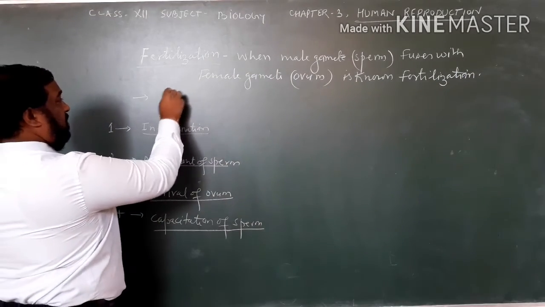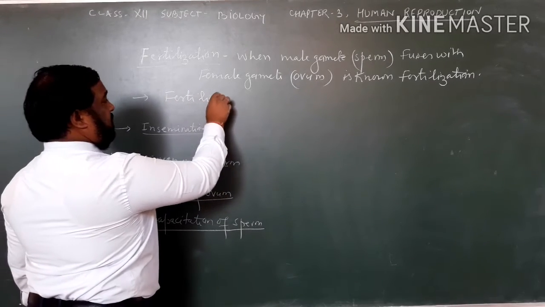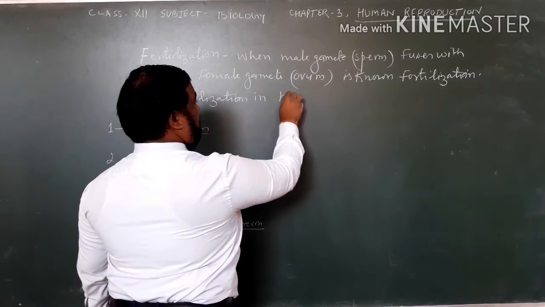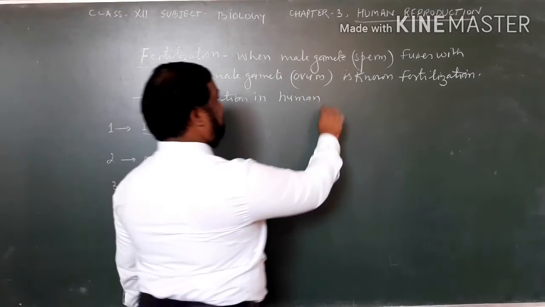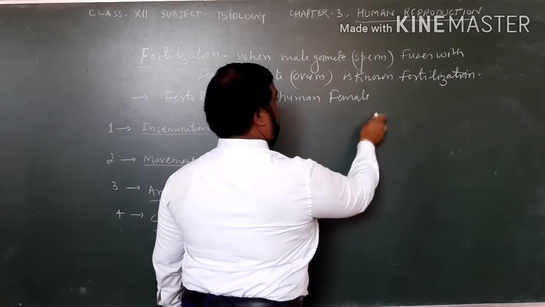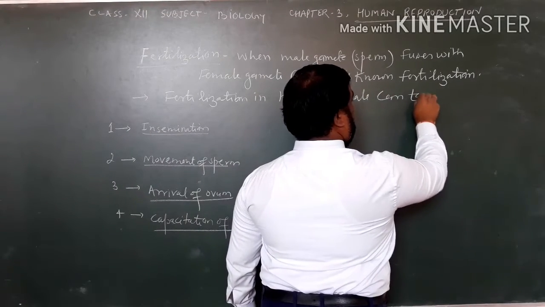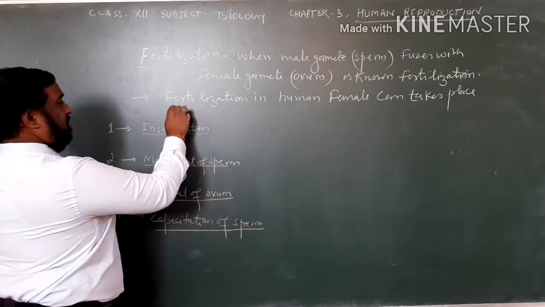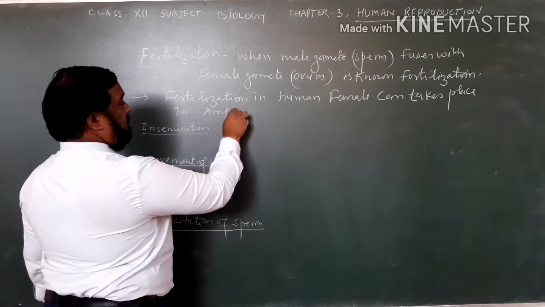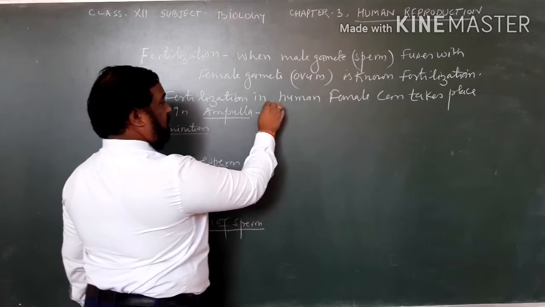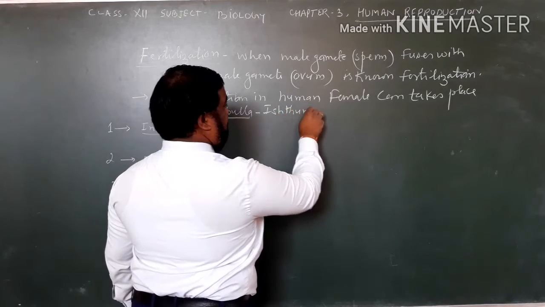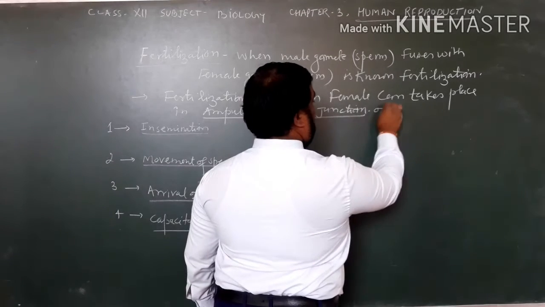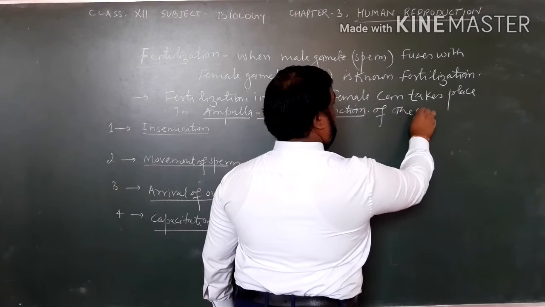Now, fertilization in human female can take place in the ampulla isthmus junction of the oviduct.